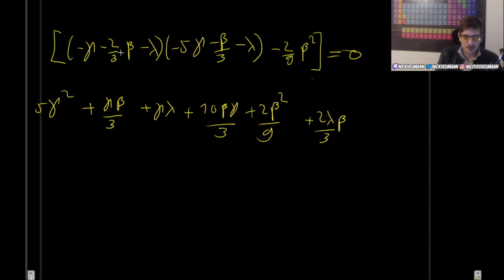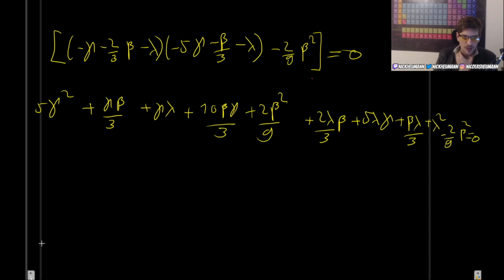Almost forgot about that. So this times that. Then we get plus 5 lambda gamma plus beta lambda over 3 plus lambda squared minus 2 over 9 beta squared equal to 0.